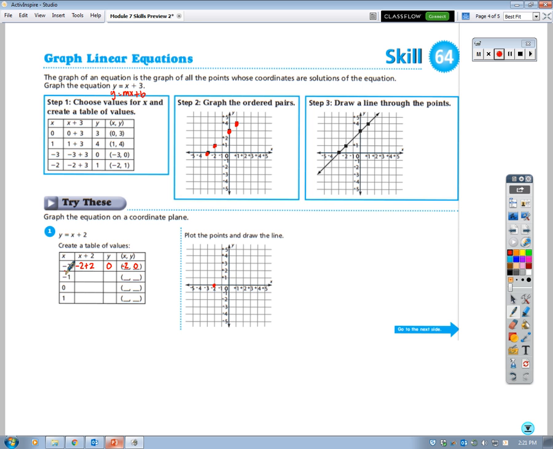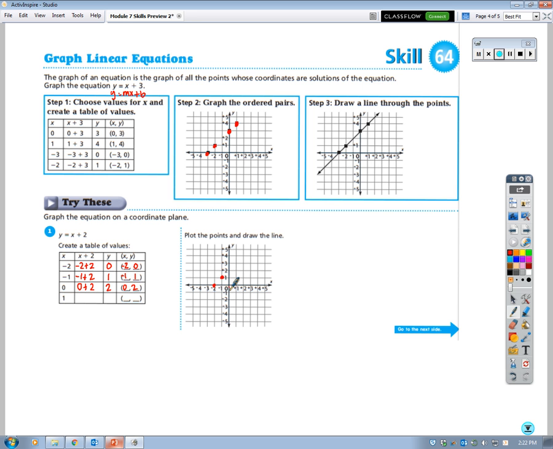When we go over here, we're going to plug in negative 1 for x, so negative 1 plus 2 is 1. So that's our y value, so our x is negative 1, our y is 1. Let's go ahead and plot that. X is negative 1, y is positive 1, so that's our second point. Third point, we're plugging in 0 for x, so 0 plus 2 is 2, and our coordinates then would be x is 0, y is 2.